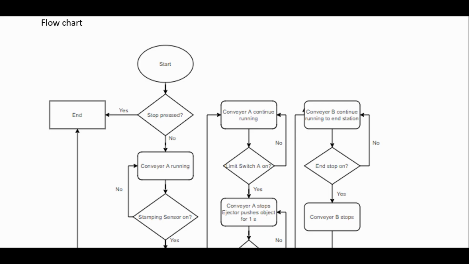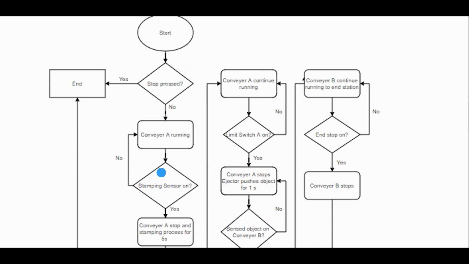The start button is pressed, and the system will start to operate. Then, if the stop button is pressed, the system will end. If the stop button is not pressed, conveyor A will start running. If the stamping sensor is off, conveyor A will continue running.